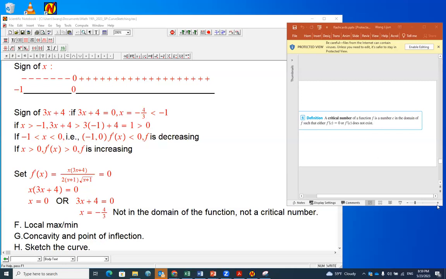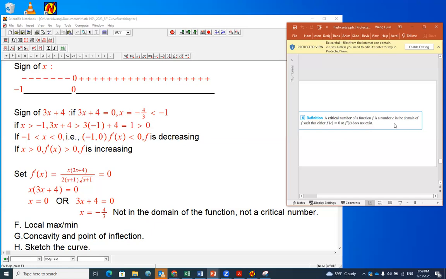There. Okay, so you see the definition of critical number, which is right here. It says a critical number of a function f is a number c in the domain of the function, such that not only is c in the domain of the function, but also either the derivative is 0 or the derivative doesn't exist.